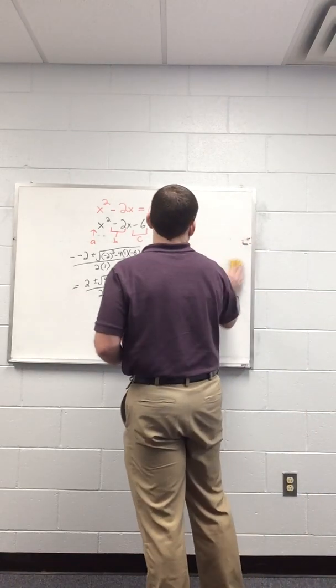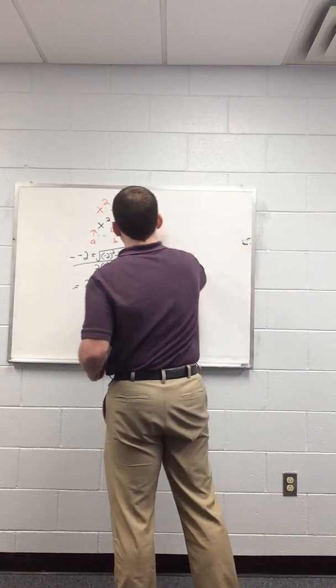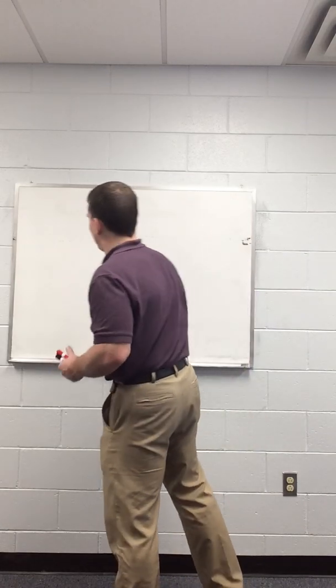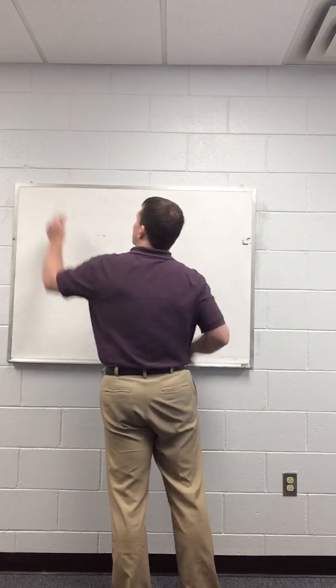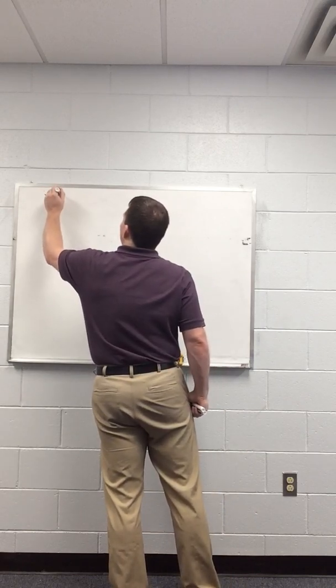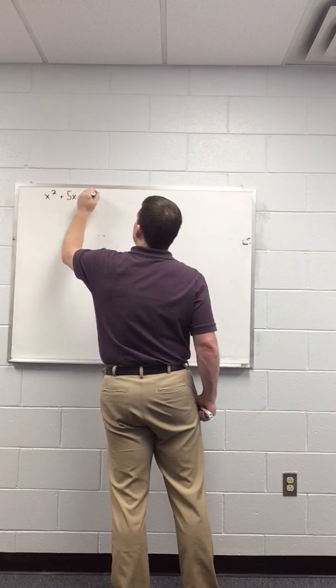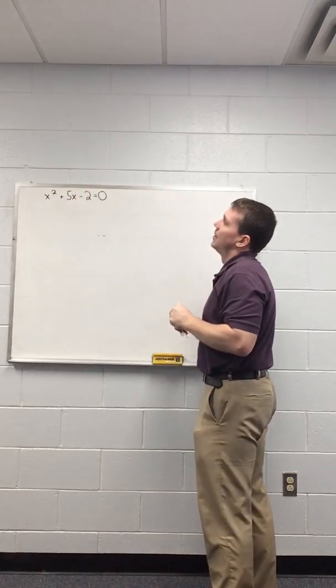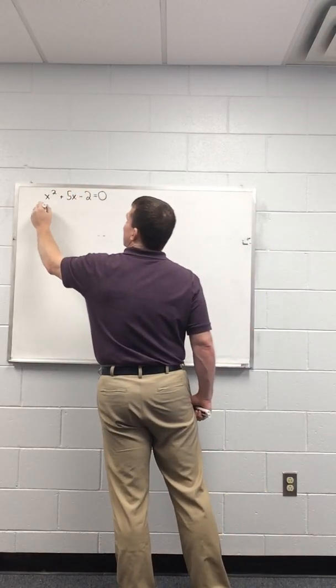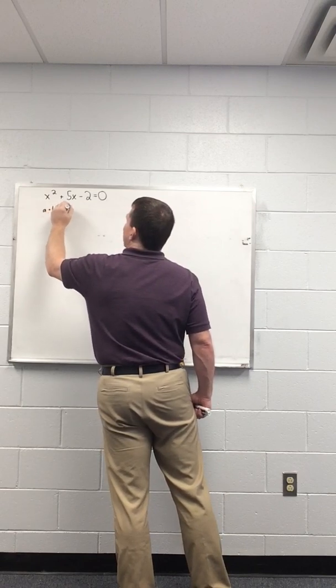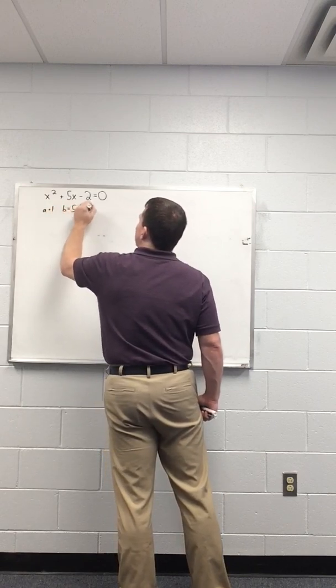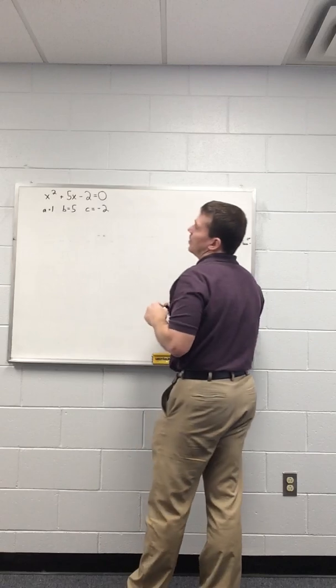I think I have time to run through one more of these relatively quickly, just so we can see the quadratic formula. So suppose we have x squared plus 5x minus 2 equals 0. So really quickly, it's already set to 0. A is equal to 1, B is equal to 5, C is equal to negative 2.